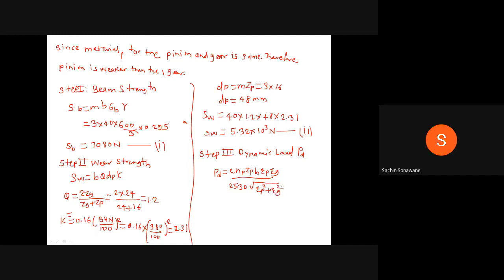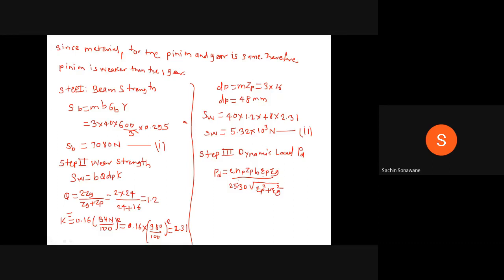While writing the expressions we have written r1 and r2, but that gets confusing, whose radius is r1 and whose radius is r2. Therefore, to simplify I have written rp meaning pitch circle radius of pinion, rg meaning pitch circle radius of gear.